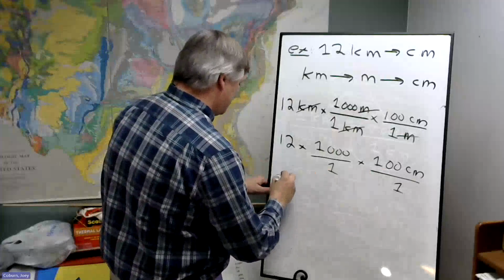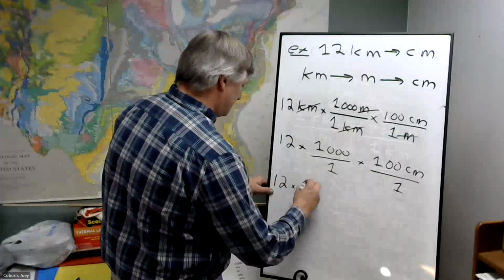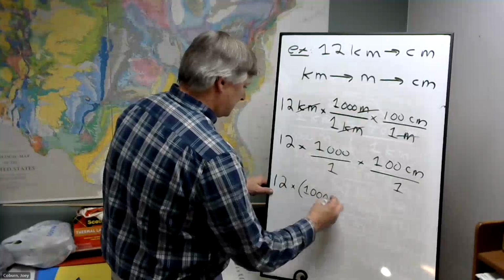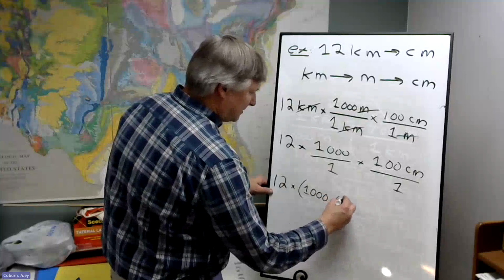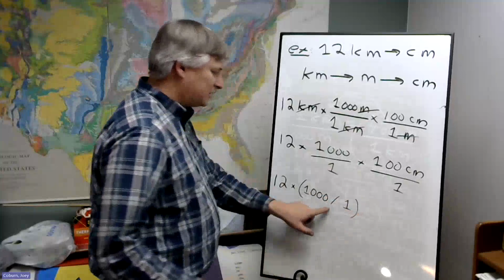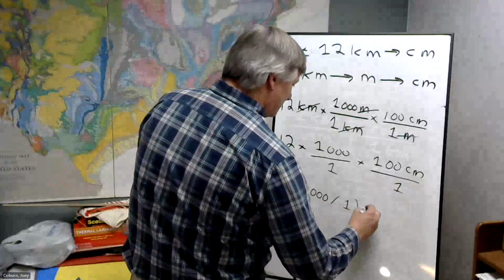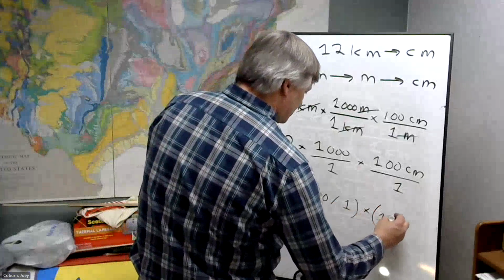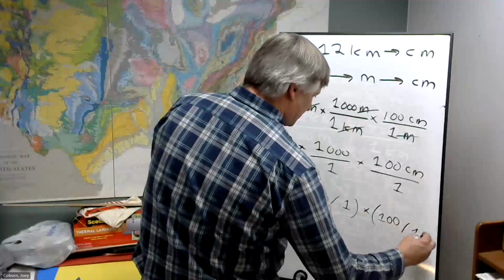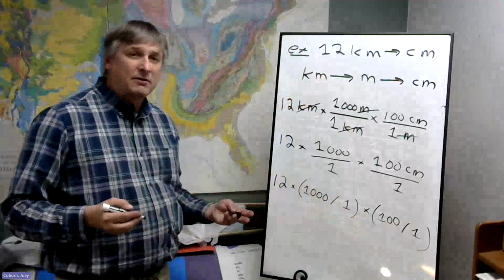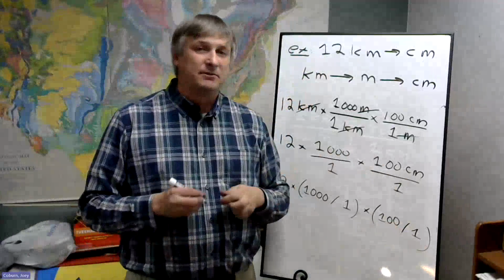You could do this. On the TI, if you just have a division sign there, it'll work just as well. And then when you're done with this calculation, tack on centimeters at the end.